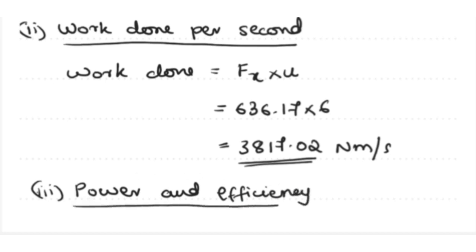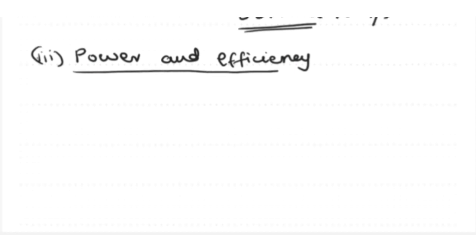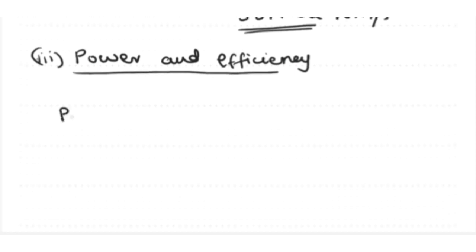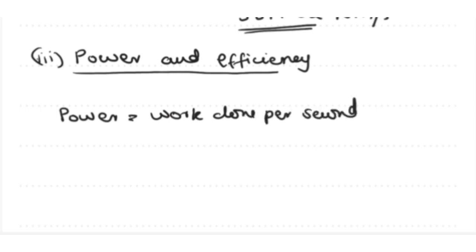Power is nothing but work done per second divided by 1000.